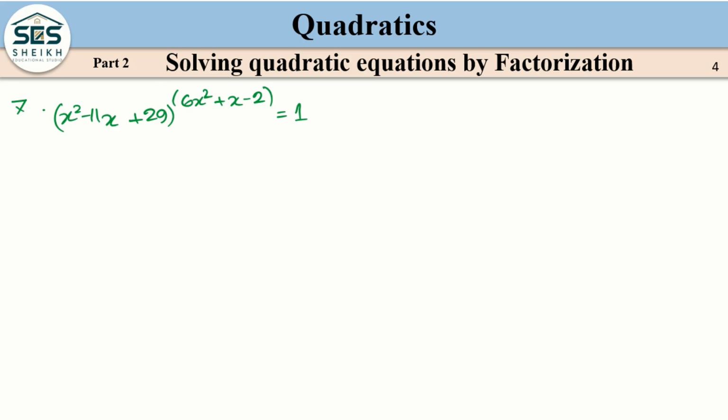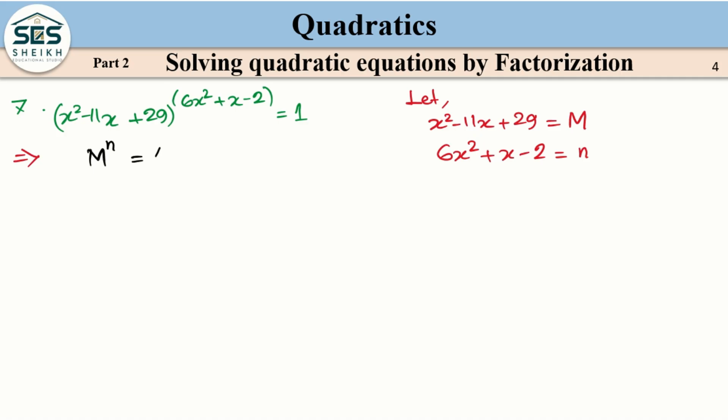So to do this math, let's consider this part, x squared minus 11x plus 29, as our m, and our 6x squared plus x minus 2 as our n, suppose. So we can write m to the power n equals 1.